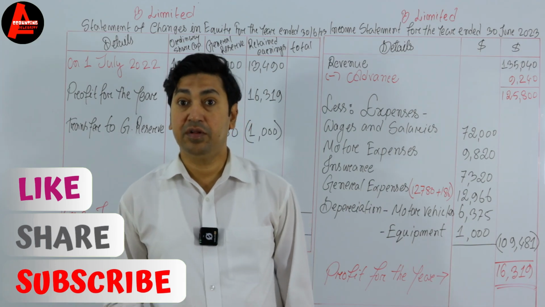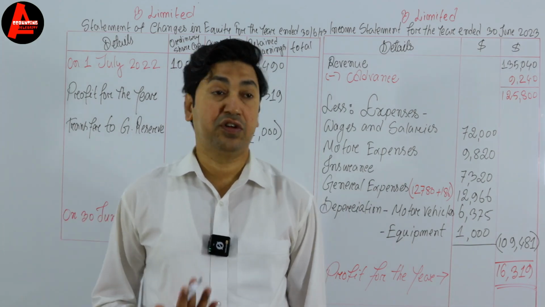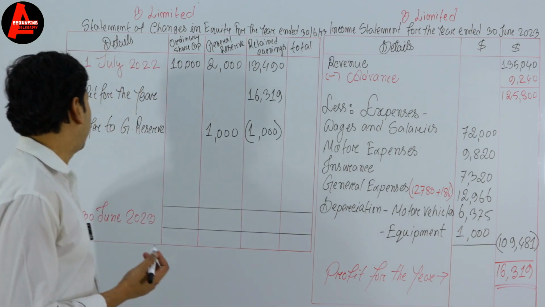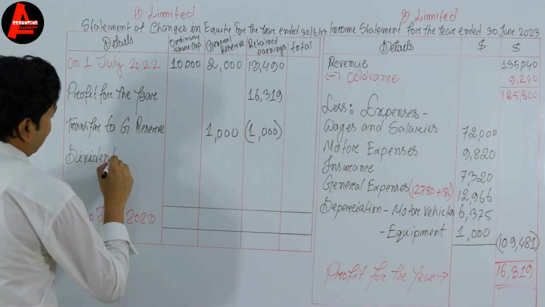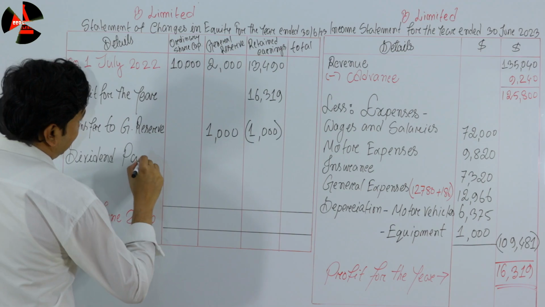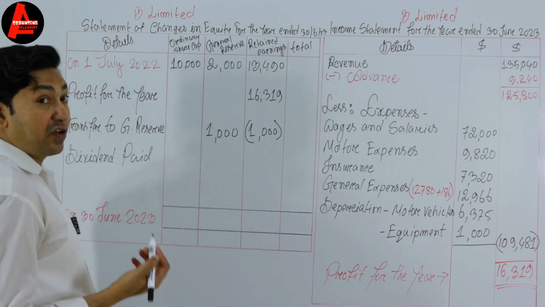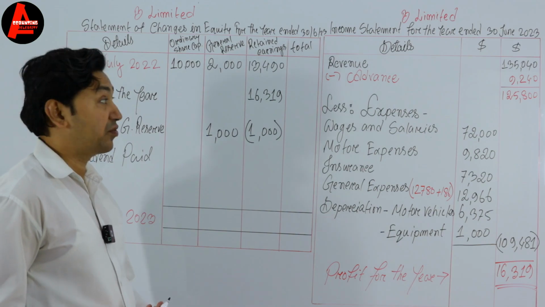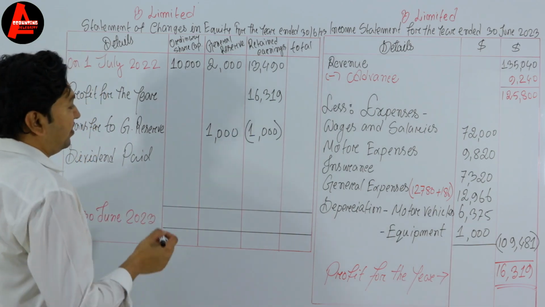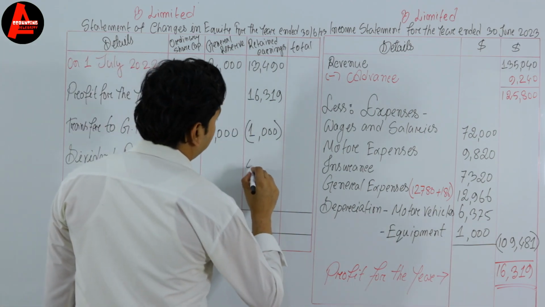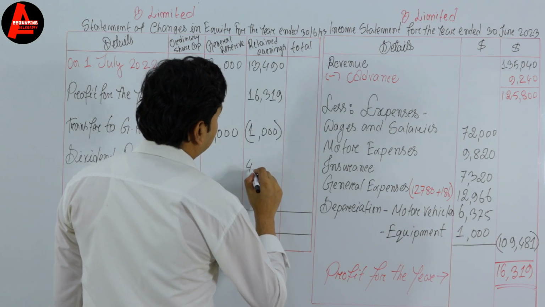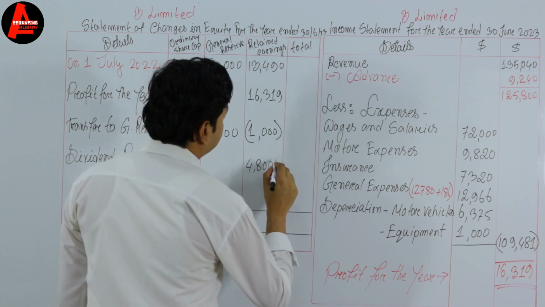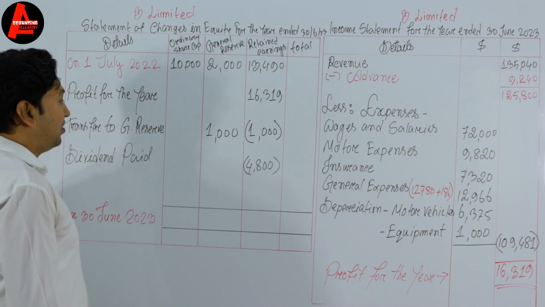Here we have dividend paid of $4,800, and we subtract this amount from retained earnings.